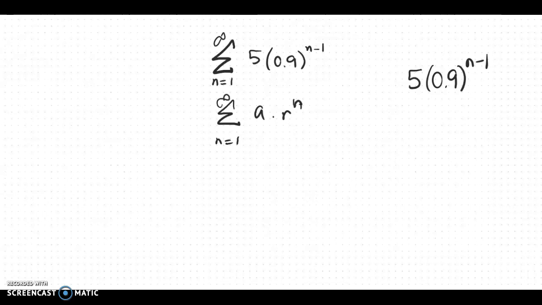Now, exponent rules. We have an exponent rule that says, let me use some other variables, x to the m power over x to the n.